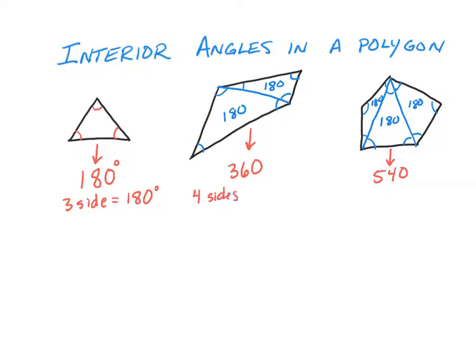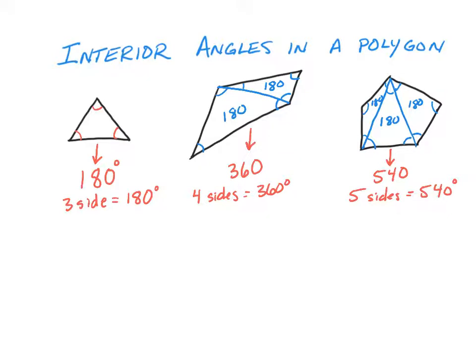Four sides equals 360 degrees. Five sides equals 540 degrees. So basically we start at one triangle at 180, and each time we add a side after 3, we're adding another 180.